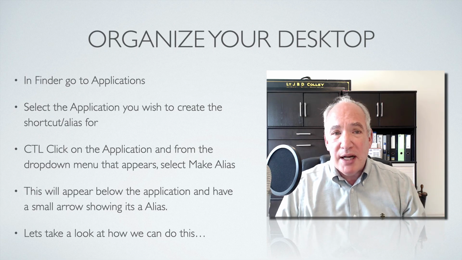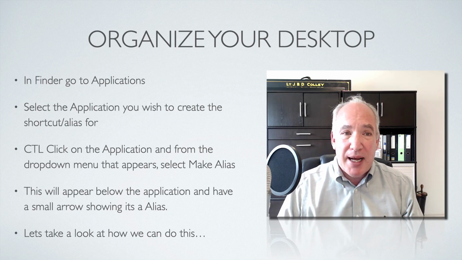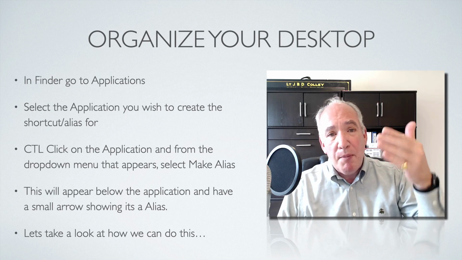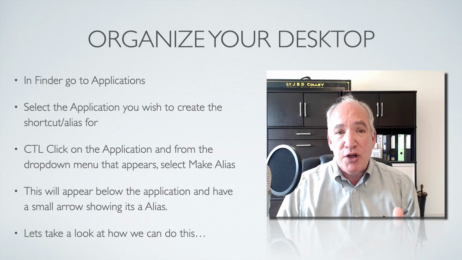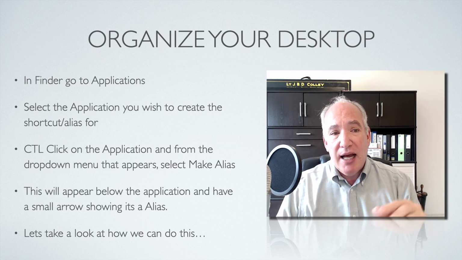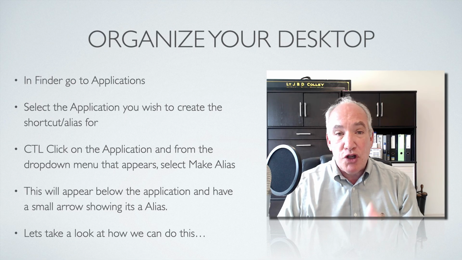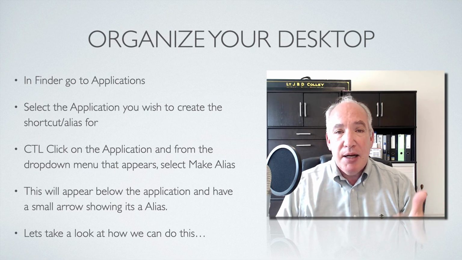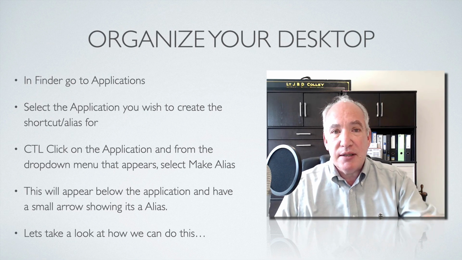You then hold down Control and click on your mouse pad on the application, and a drop-down menu appears from which you select Make Alias. The alias itself will then appear below the application, and it'll have a little arrow in the bottom corner showing it's an alias. Let me show you exactly how to do this.